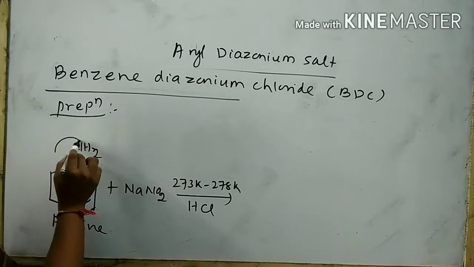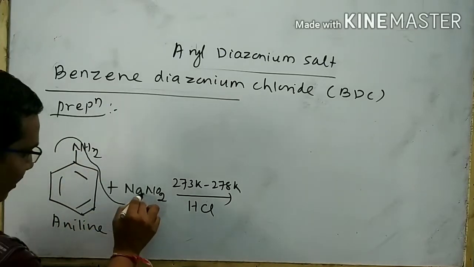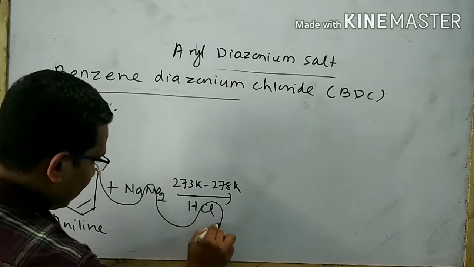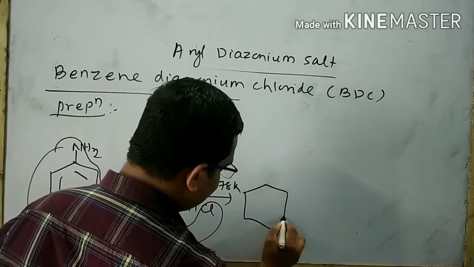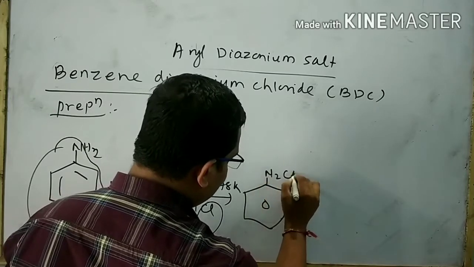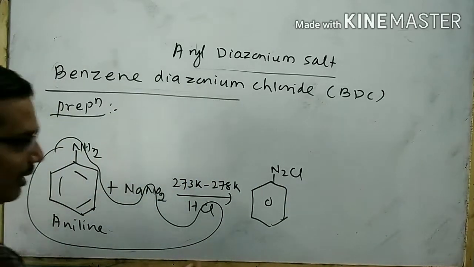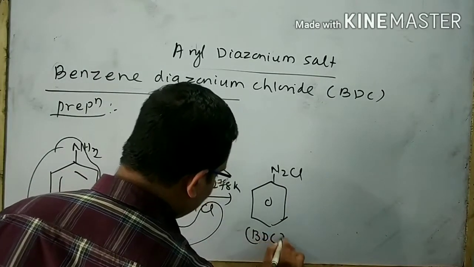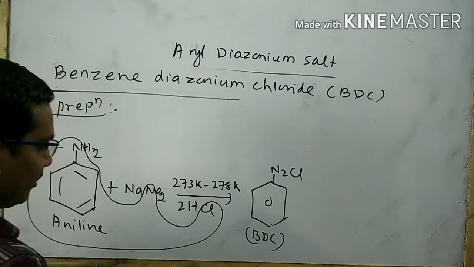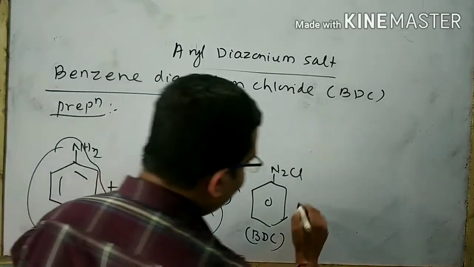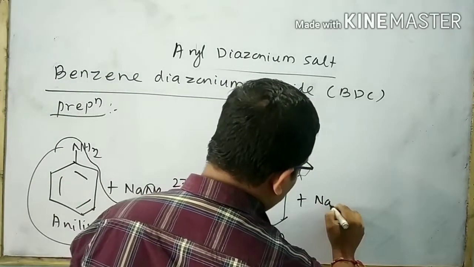Look at that. This is your BDC, N2Cl, benzene diazonium chloride. Here 2 HCl molecules are taken and the byproduct is NaCl.